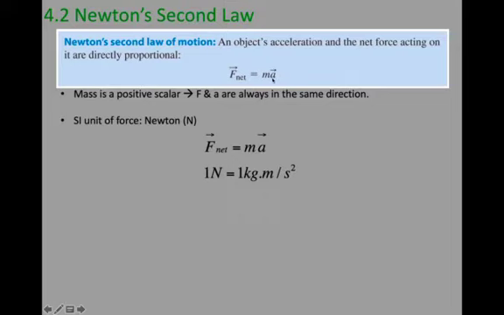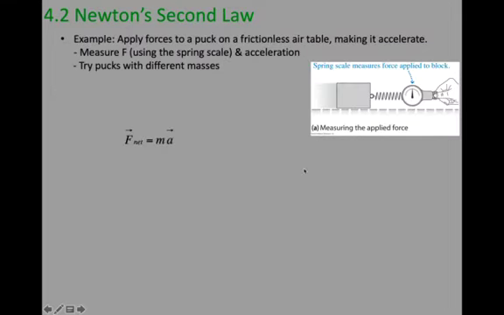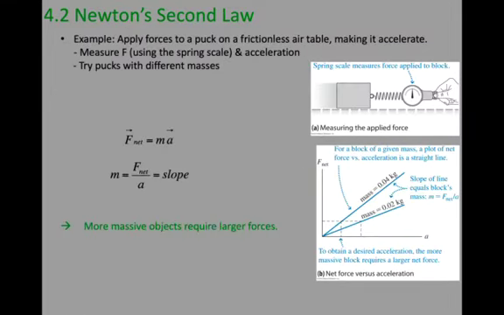Acceleration is zero if velocity is zero or if velocity is constant. الفورس اليونت تبعها نيوتن، الماس اليونت تبعها كيلوغرام، الاكسلريشن اليونت تبعها meter per second square. كمان شيء شايفينه من قبل.